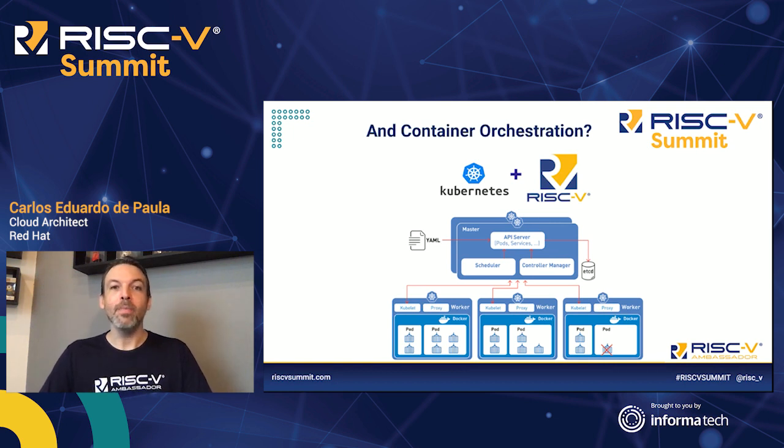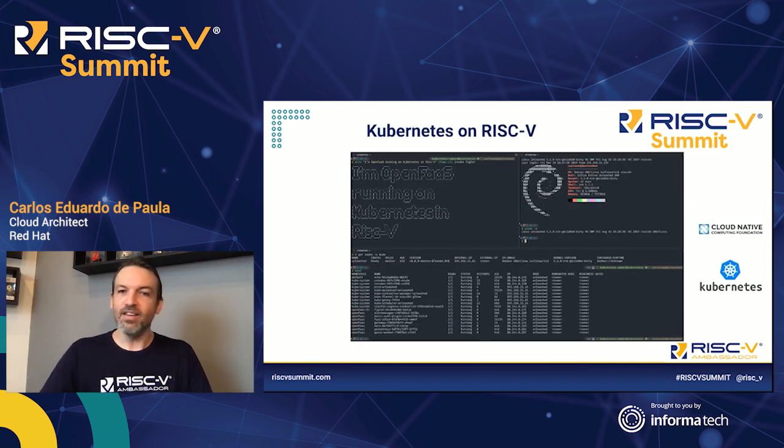So we've already built Kubernetes on RISC-V. It already runs. I have a demo at the end of the presentation, running Kubernetes on the Unleashed board from SiFive. And it's a quick screenshot running Kubernetes on the Unleashed board.